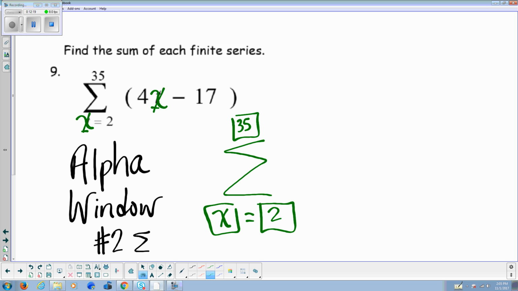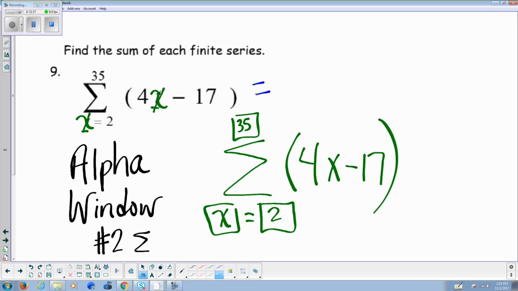We're adding up 34 numbers here. 34 numbers described by the explicit formula. They've already got parentheses. You're going to input 4x minus 17 into those parentheses. And the sum of this series equals 1938.